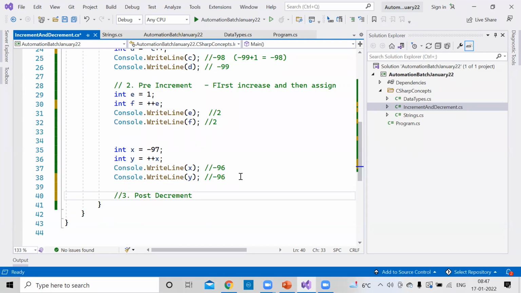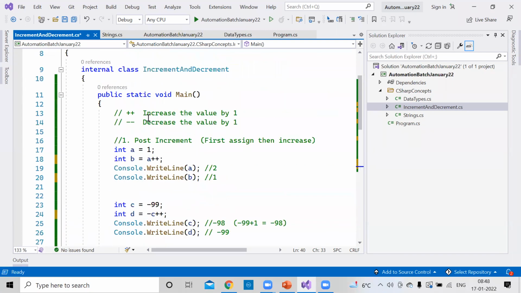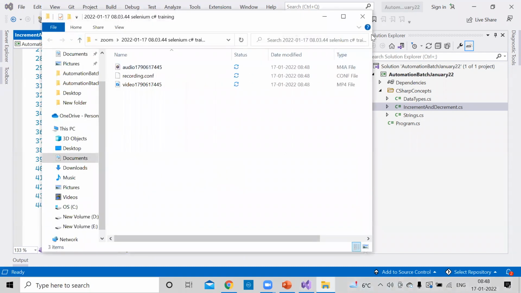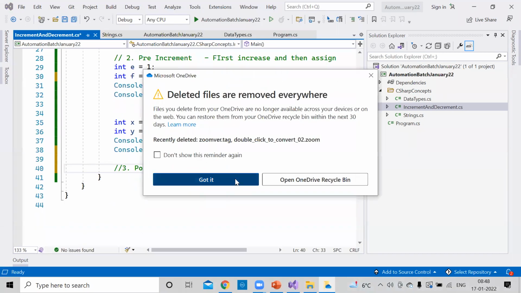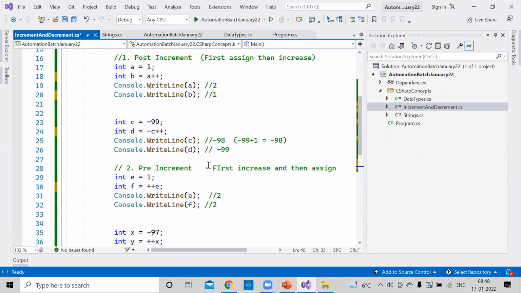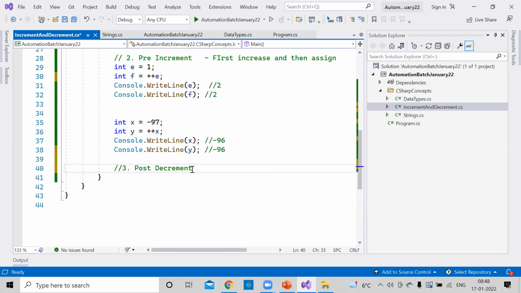Decrement means minus 1. Now we are going to use the minus sign. So that was the increment operator, and this is the decrement operator. This will decrease the value by 1. In those concepts we were increasing the value with 1, and in the decrement concept we will decrease the value with 1.